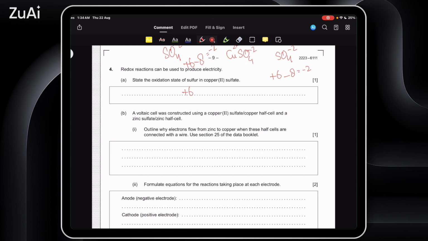A voltaic cell was constructed using copper 2 sulfate and zinc. Outline why electrons flow from zinc to copper when these half cells are connected with wire, using section 25. Like you have to see the data booklet.